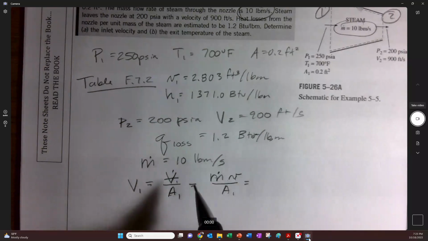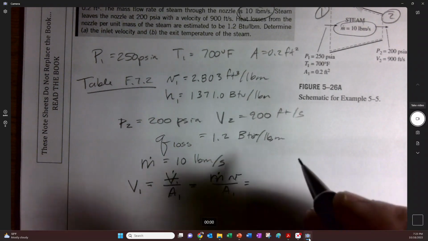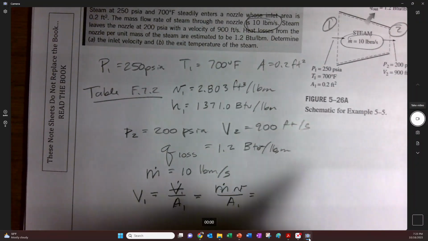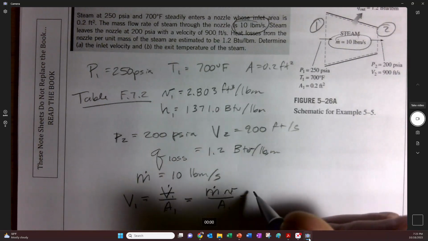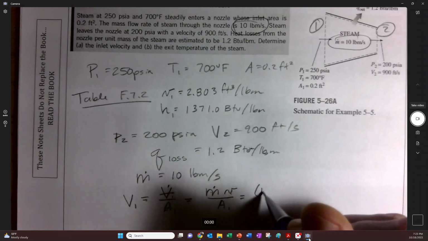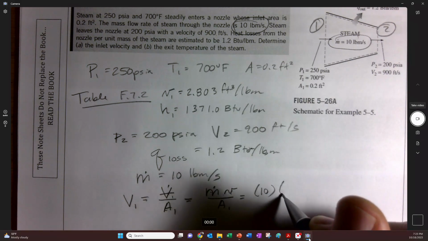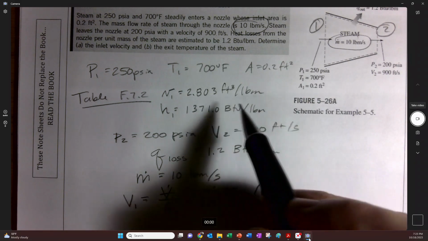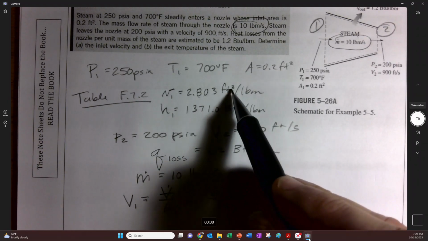So this is technically the conservation of mass, continuity, what we're talking about. The mass flow rate has to be the same in and out. Take 10 pounds mass per second, excuse me, and we have this 2.803, so this could be cubic feet.